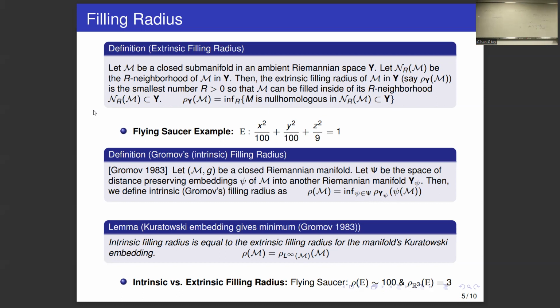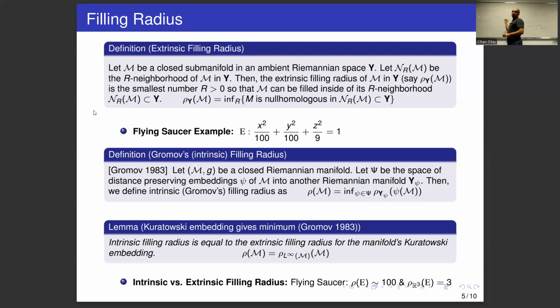Yes, the R becomes the smallest one, exactly. You can choose very different ambient spaces in a distance preserving way. For example, if your ambient space is something like this, and your original space is this, to fill this guy you have to go a lot.